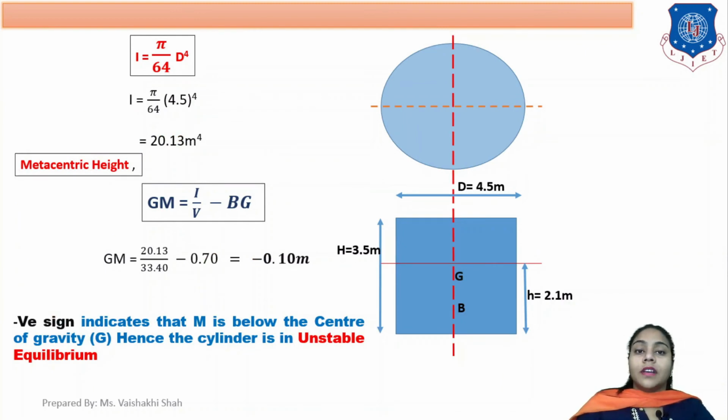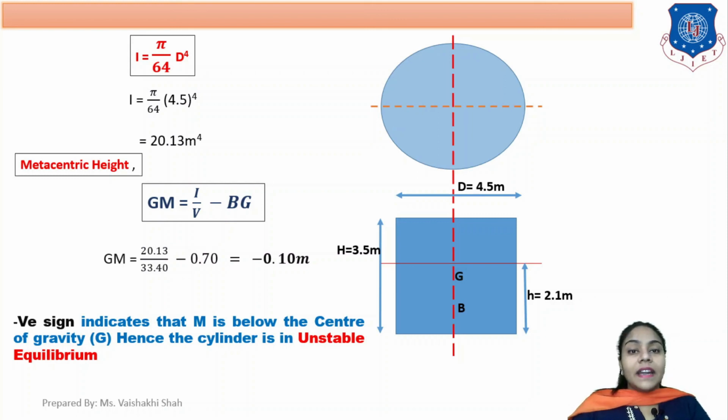Now, also remember this: to find the moment of inertia, consider the shape of the body as seen in plan. Here in plan, the shape of the body is circular.